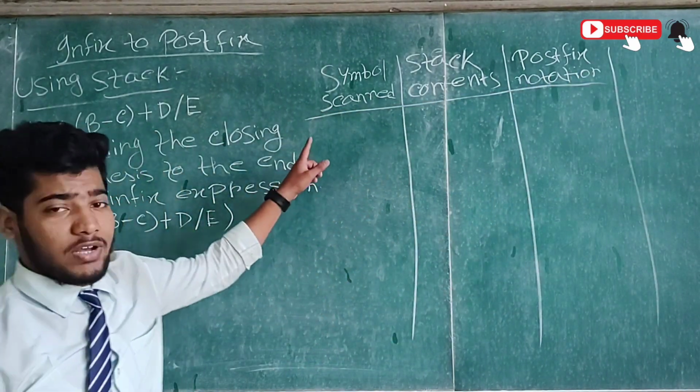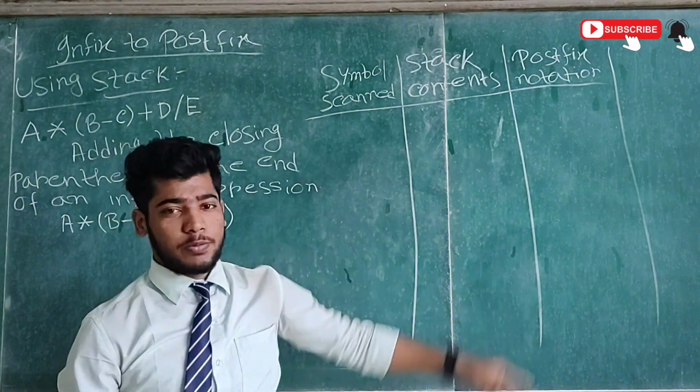So we create three columns: symbol scan, stack contents, and postfix notation.